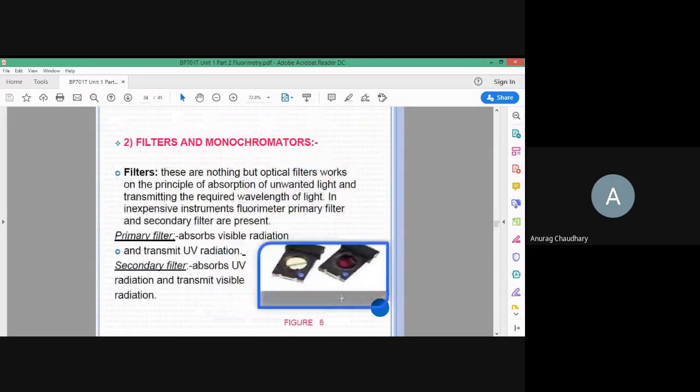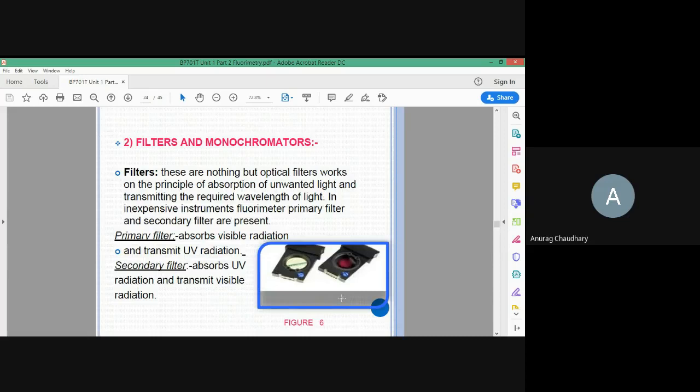Next part is filters and monochromator. Generally, filters are used in fluorimeter, and filters are nothing but optical filters which work on the principle of absorption of unwanted light and transmittance of required wavelength of light.